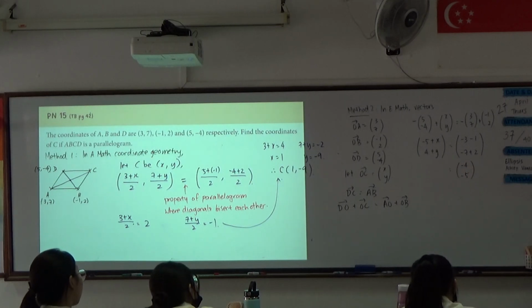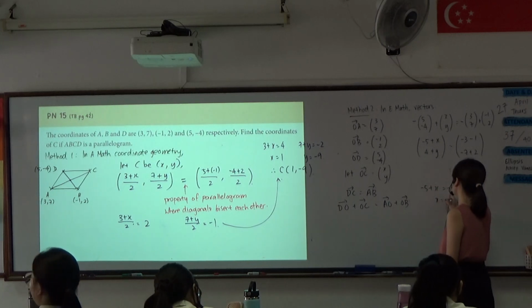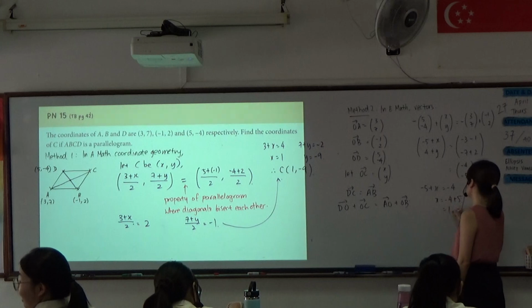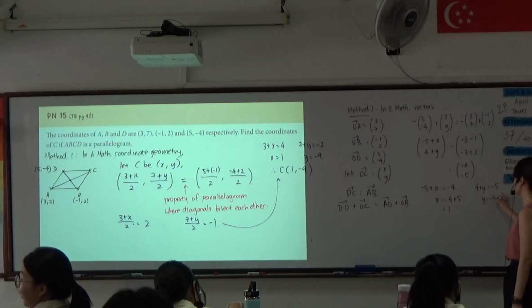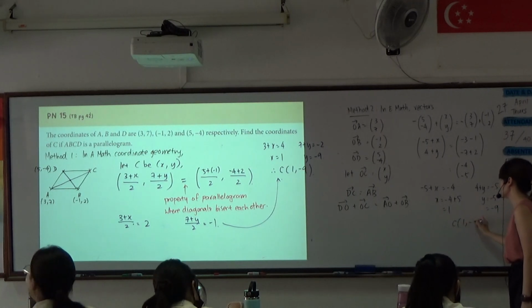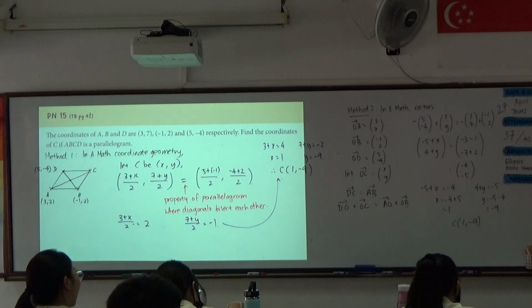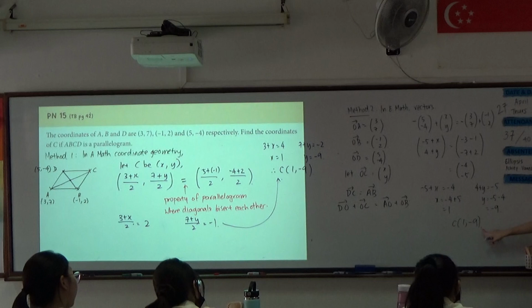And then we know that negative 5 plus x equals negative 4. We get the exact same set of coordinates, whereby C is 1, negative 9.